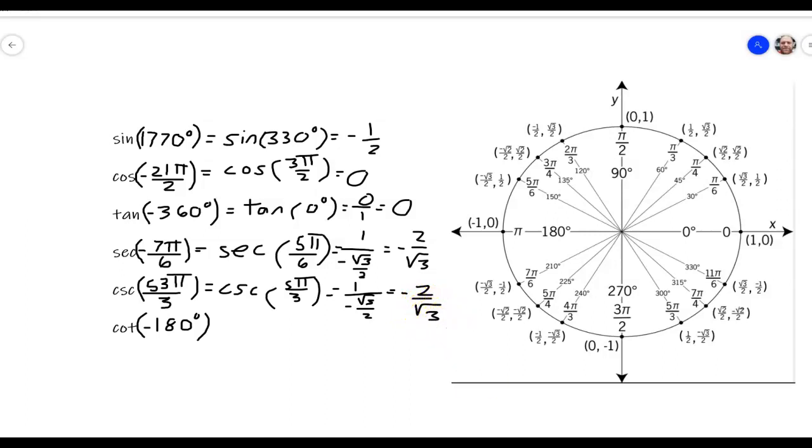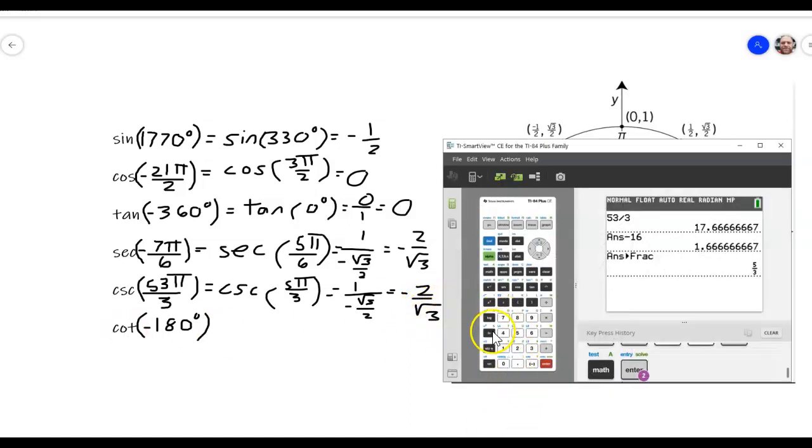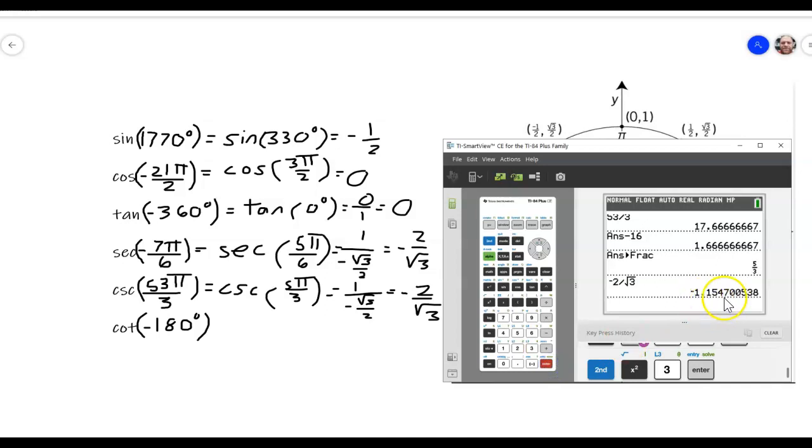So I'm going to do the same thing I did last time. So we should get that same value. I shouldn't have erased it from the last time, but the first thing I'm going to do is negative 2 divided by the square root of 3. And I get this value.